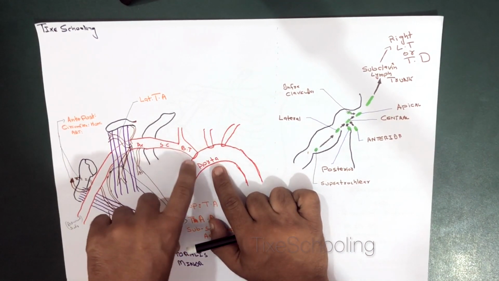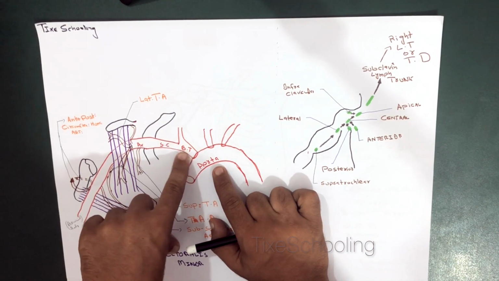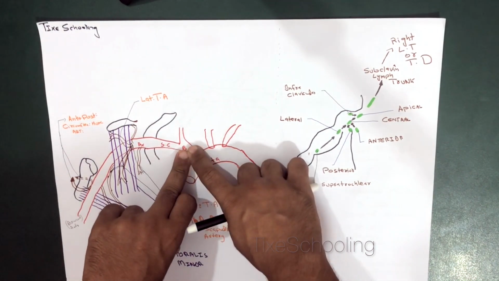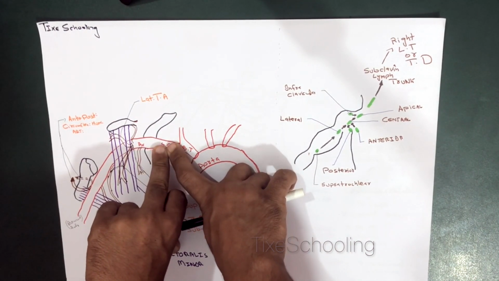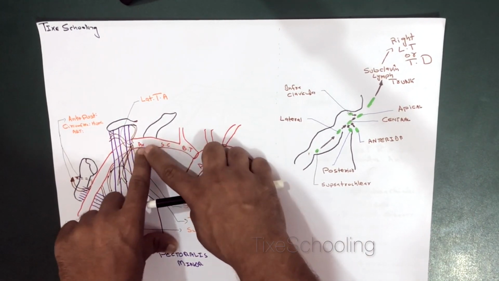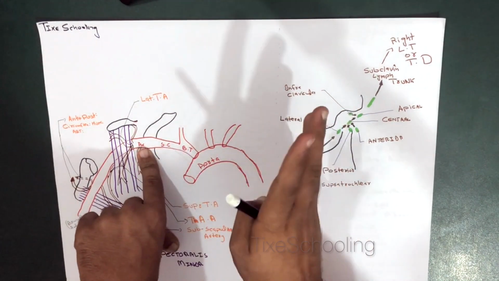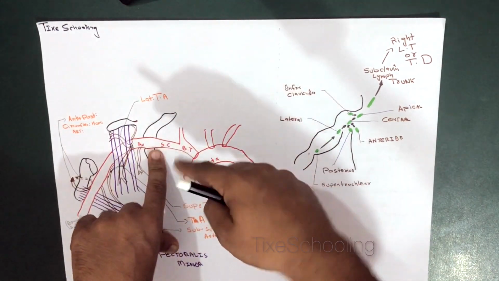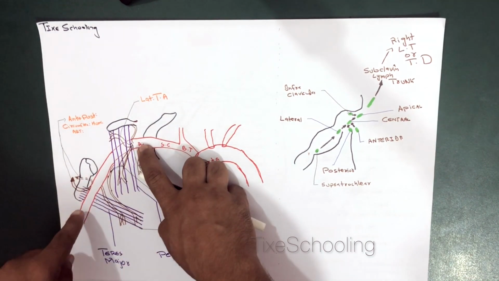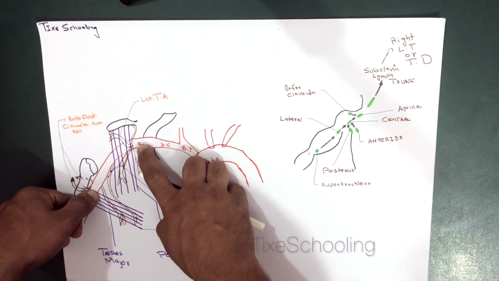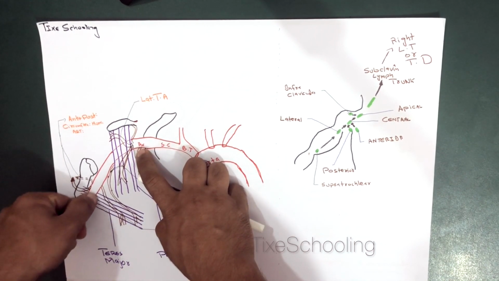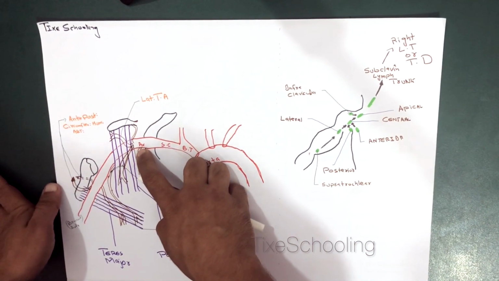We have got subclavian arteries. From the brachiocephalic trunk, we get the subclavian artery. Get it? Aorta, brachiocephalic trunk, which again divides, and we have a subclavian artery. And this subclavian artery, as it passes the first rib, its name actually changes from subclavian to the axillary artery. From here till the start of the teres major muscle, its name is the axillary artery, and from there on, its name changes to the brachial artery.